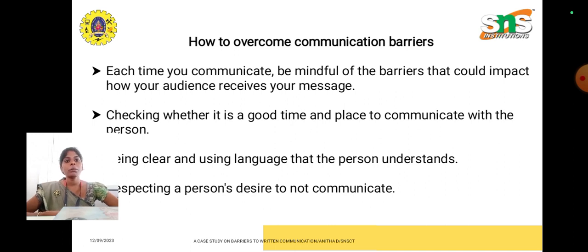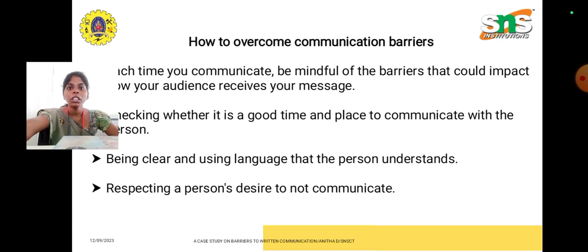Each time you communicate, be mindful of the barriers that could impact how your audience receives your message. Check whether it is a good time and place to communicate with the person. Many people convey information at the wrong time. They don't know at which time to share the information. We have to know at which time it is better to tell it.